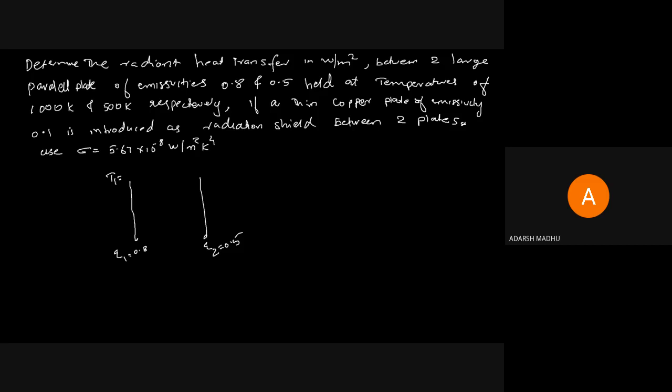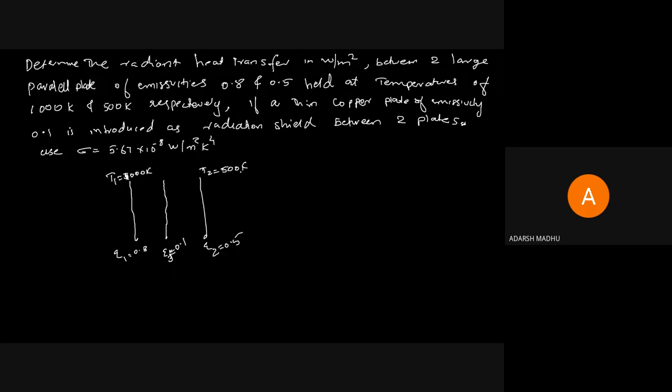So T1 equal to 1000, T2 equal to 500 Kelvin. If a thin copper plate of emissivity 0.1 is introduced between two plates, which means epsilon 3 equal to 0.1.